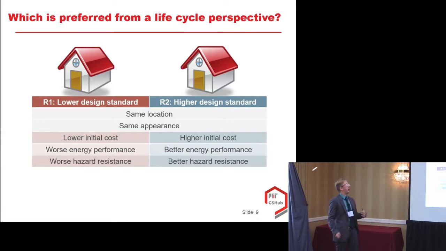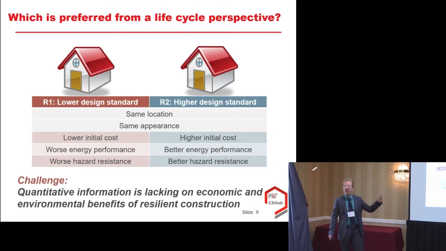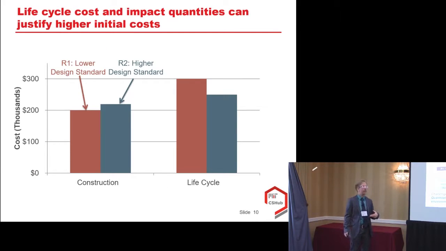So let's say you're a designer faced with a choice and you have a client that's wondering, well, I've got the same house, it's in the same place, it looks the same, but what if I go with the lower initial cost and maybe my design will have a worse energy performance, but also maybe it's worse in terms of hazard resistance. The difficulty in comparing those two options is that there's not a lot of quantitative information to help inform that decision, and that's the gap we're trying to fill.